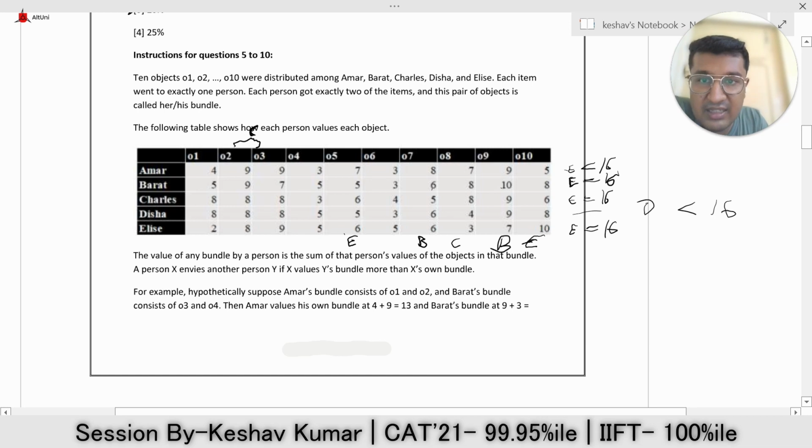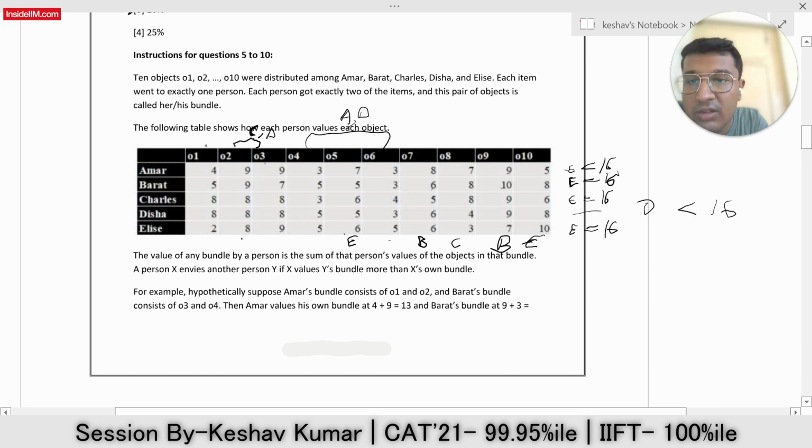Alright. So A can get these two bundles, but I know one of these bundles will go to D, so he can't get these two bundles as well, and he must get one of these. A must get one of O2 and O3 and one of O4 and O6, and D will also get one of these O4 and O6.